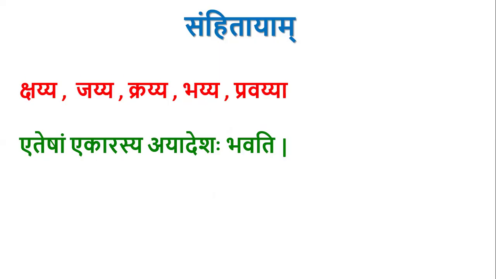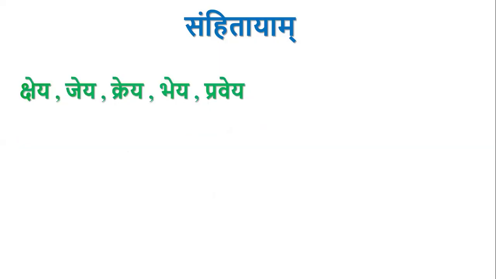But we do see the forms like Kshe ya, Je ya, Kre ya, Bhe ya, Pravey a from the same dhatus: Ksh, Ji, Kri, Bhi, Vi. We see Kshaya as well as Kshe ya in the language, and Jeya is also seen, Jaya is also seen. Similarly for the other 3 also.